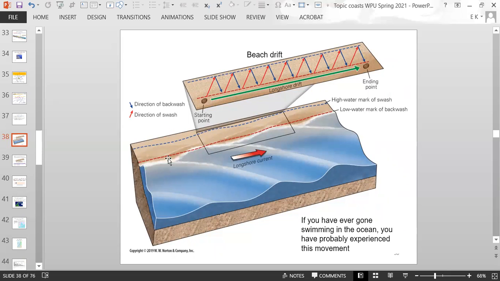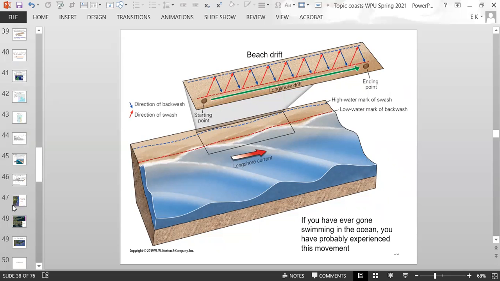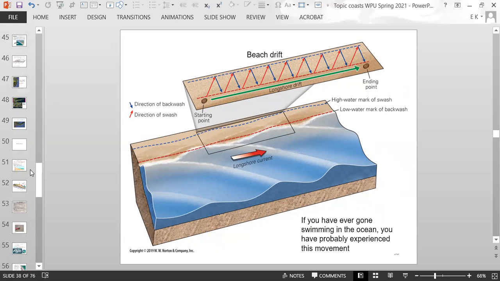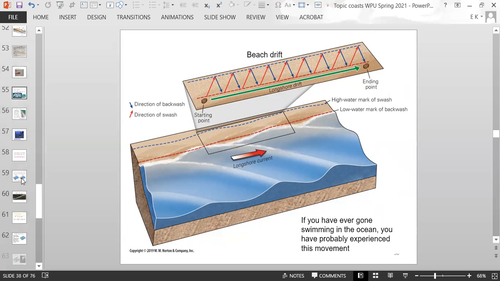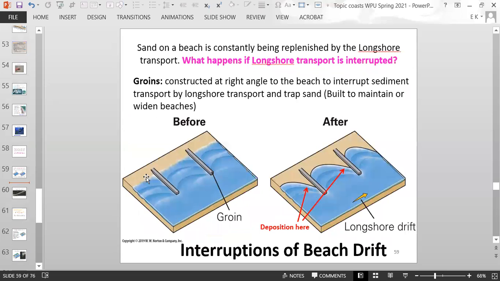So you have erosion and deposition constantly happening. So if you interrupt that movement by constructing these groins, it allows the sand to deposit next to the groin, and it makes this beach wider.